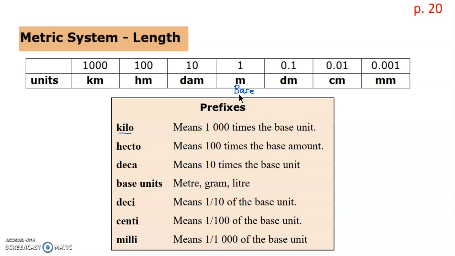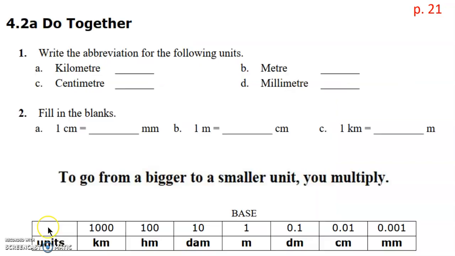Those base units are meters, liters, and grams. Deci is 1/10 of the base. Centi is 1/100th of the base. And milli is 1/1000th of the base. So these are our most common units. Kilometers is small km, meters is small m, centimeter is small cm, and millimeter is small mm.